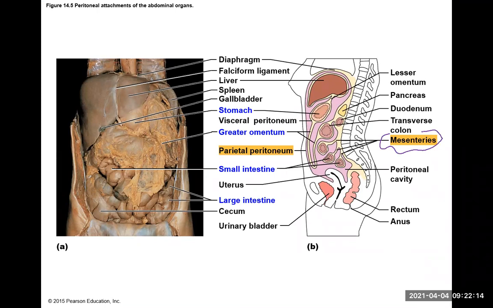But mesentery is something like, we have small intestines, right? These are small intestines, and this might be the transverse colon. Whether it's a small intestine or the large intestine, they are attached to the body wall.